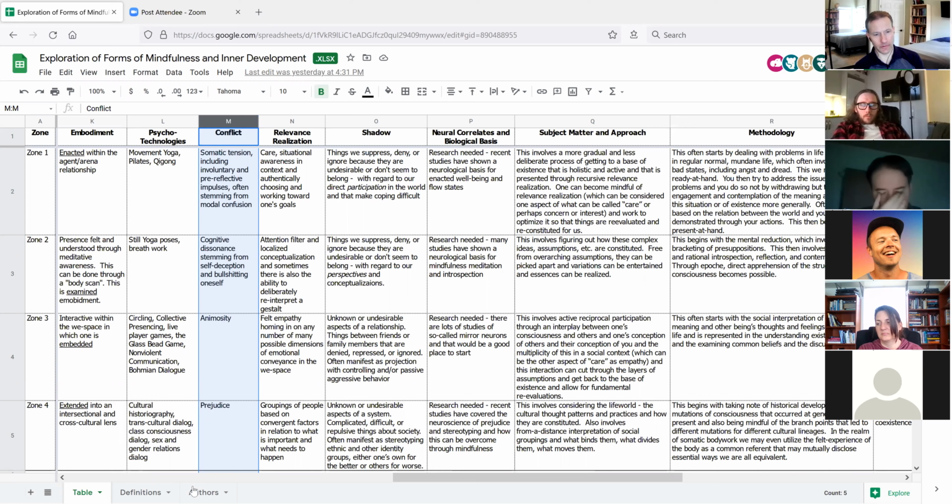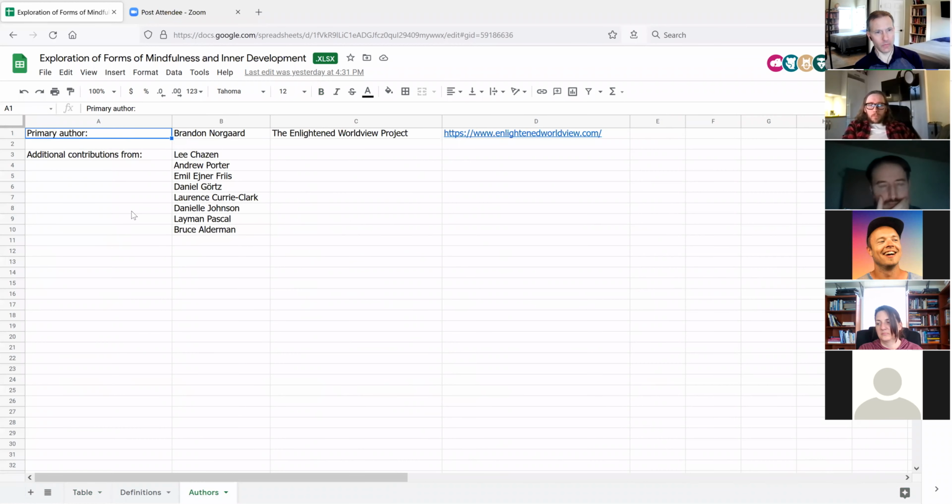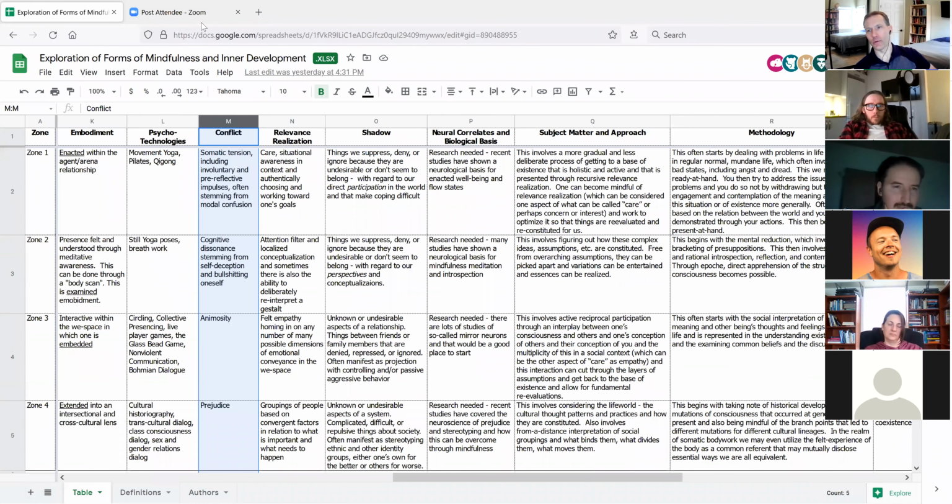If we go to the authors tab, one is Andrew Porter. I posted a very early version of this on the Metamodern forum a few months ago, and Andrew and I had a discussion. He had some ideas that he was working on with Lawrence Clark, and a lot of this conflict column came from his work.